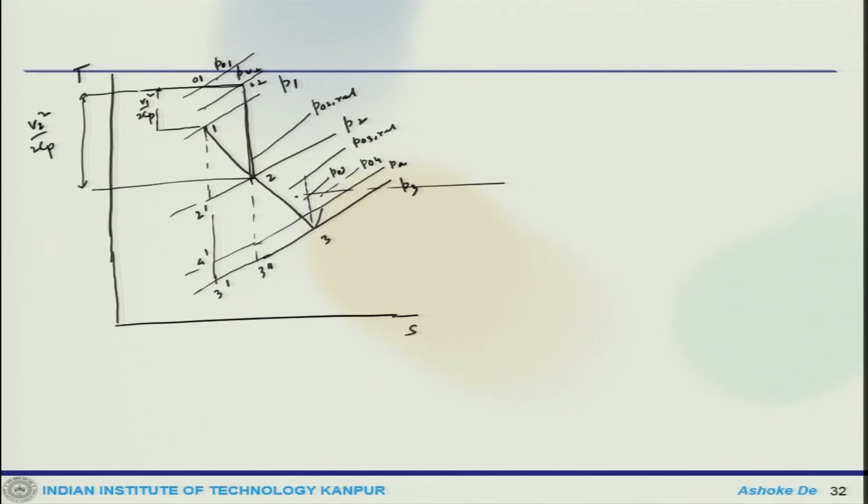Now, this is 03. So, this is V3 square by 2 Cp. Now, this is W3 square by 2 Cp.